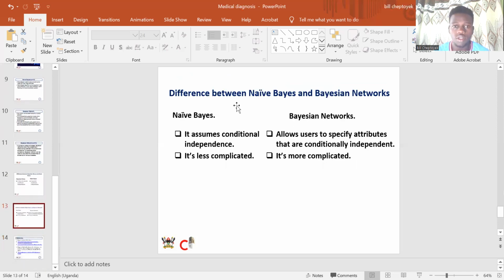And then there's also a difference between naive Bayes and Bayesian networks. Naive Bayes assumes conditional independence, but Bayesian networks allow the user to specify attributes that are conditionally independent. I hope you get that. Naive Bayes is less complicated compared to Bayesian networks.